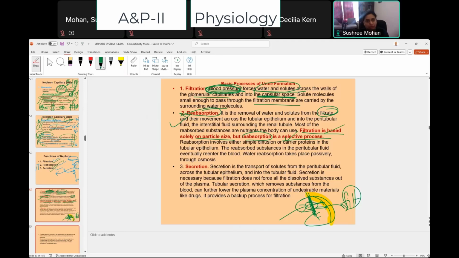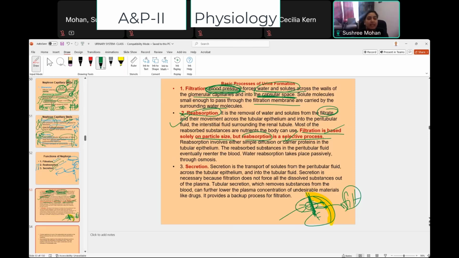RBC, glucose, protein, these substances are not supposed to get out of the body. They need to be put back into the system. So the big protein chunks never cross the filtration membrane of the glomerulus.